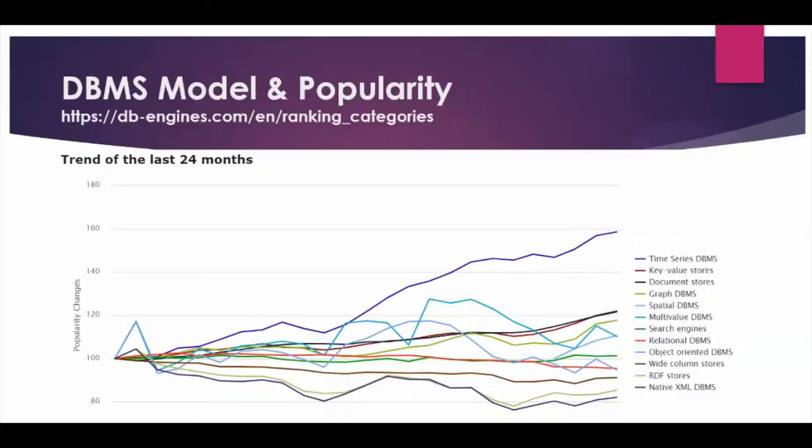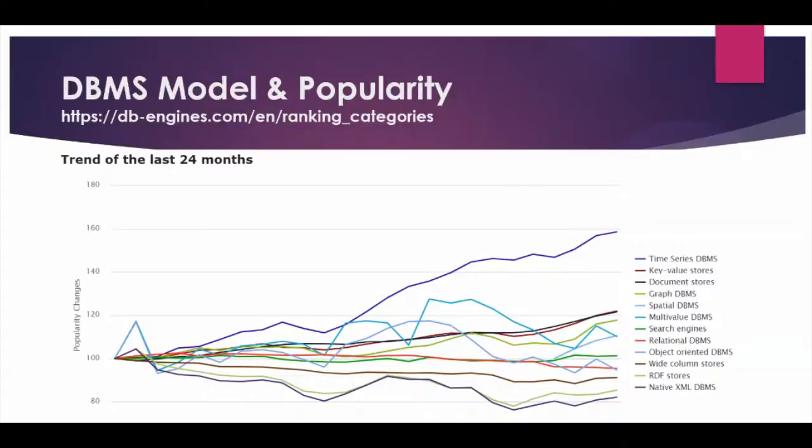You see that the time series database management system is gaining much of the popularity. You see the blue color curve. Then the other values are there: multivariate, multi-value databases, graph database management systems, object-oriented database management systems. But the time series database management system is gaining much of the popularity. This is the website from where I have taken this.